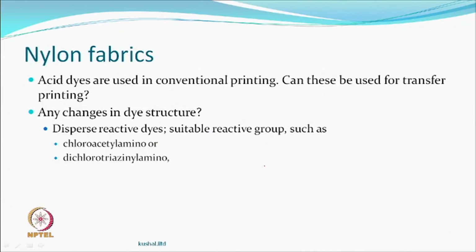So, there is a class of dye which has been generated called disperse reactive. Obviously you can understand, you do not want this type of dye for polyester. What will you do with this, right? The disperse dye on polyester is anyway nice.